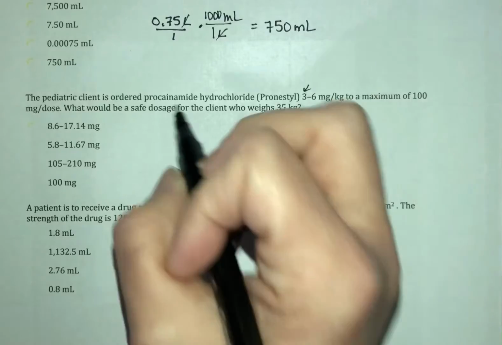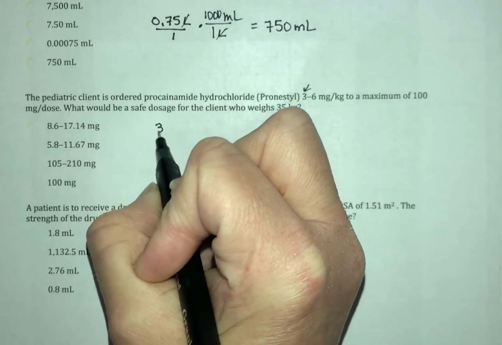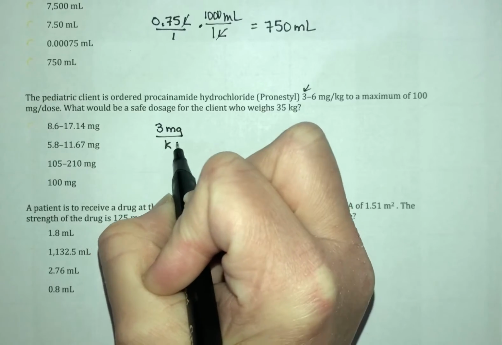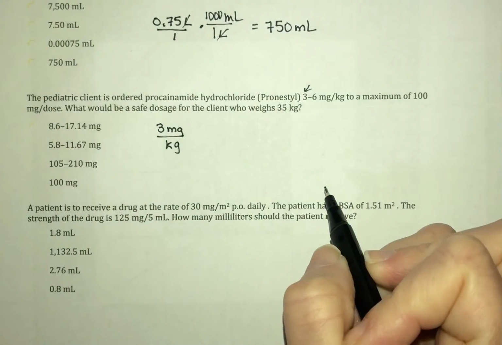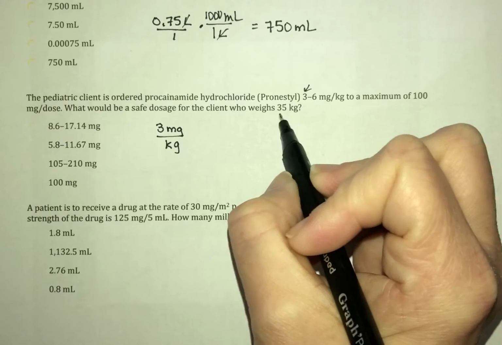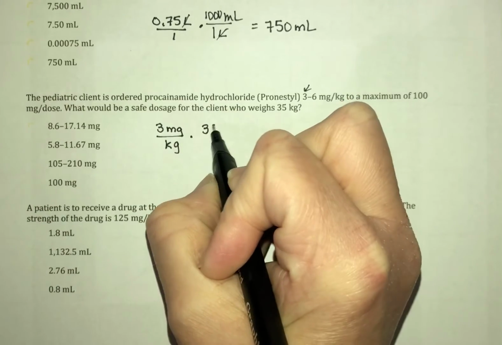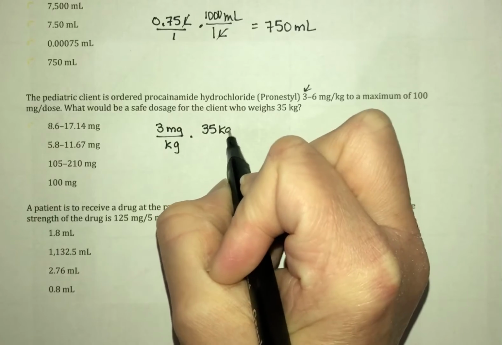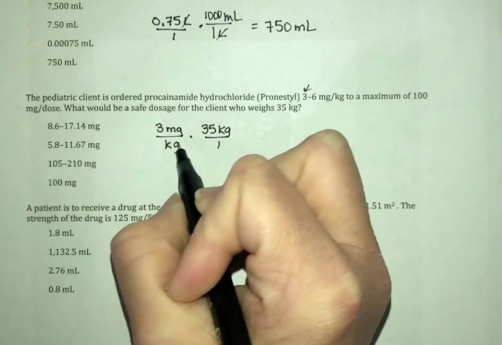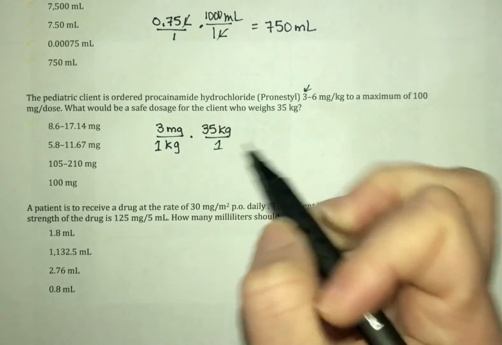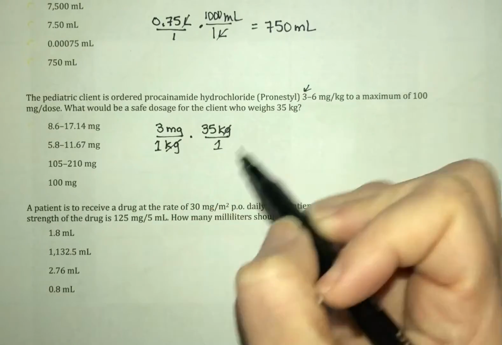So starting off with the 3, I have 3 milligrams per kilogram, and our client is 35 kilograms. So I'm going to put the 35 in the top so that my kilograms will cancel out. That's 1 kilogram. So kilograms cancel out.